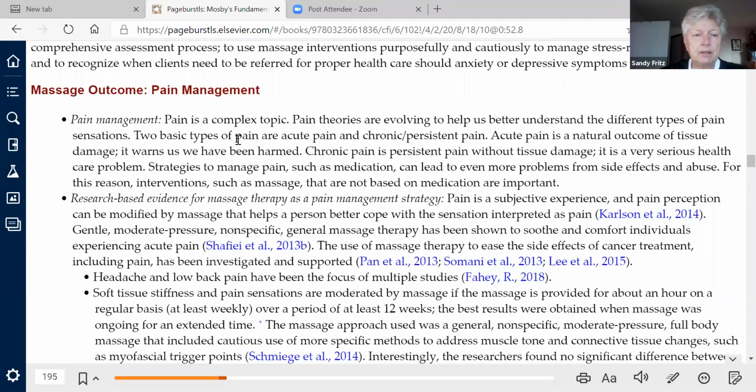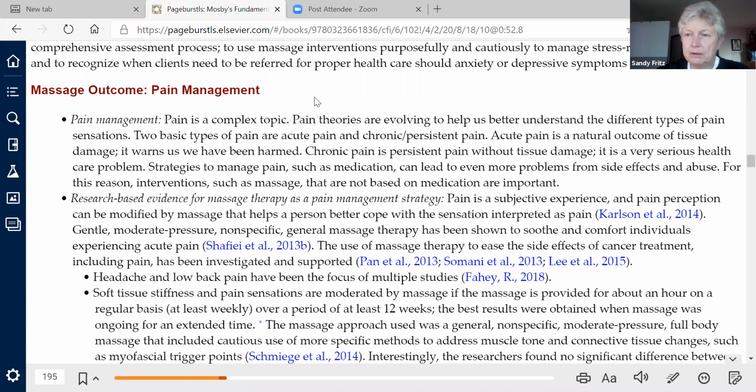Now, pain, we've done some good stuff in research with pain. The Massage Therapy Foundation actually supported research that was done in 2016, I believe. And as far as the overlap in an interdisciplinary approach between wellness, stress management, that continuum all the way to medical care, this overlap, pain is very hard to deal with.